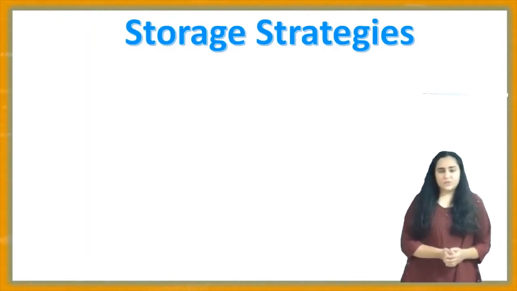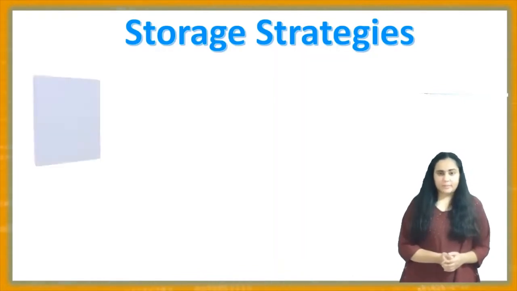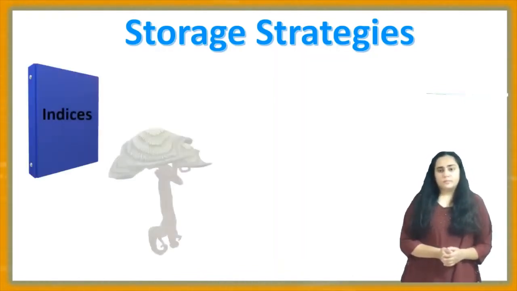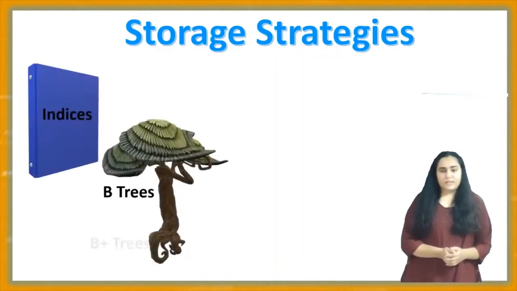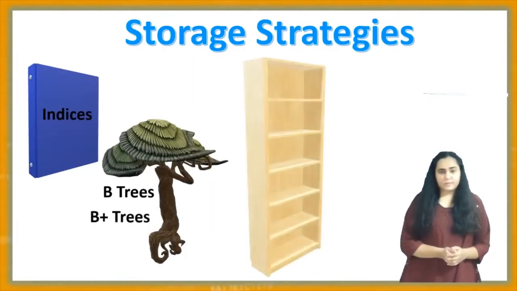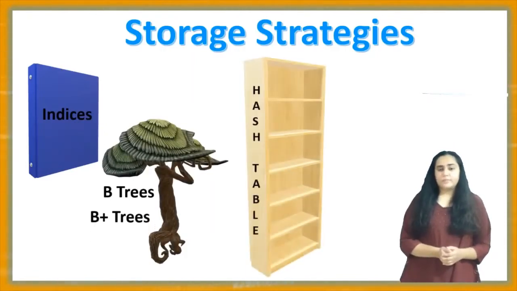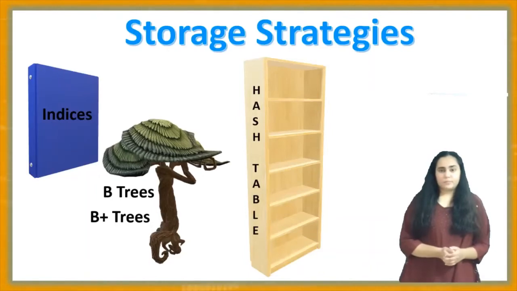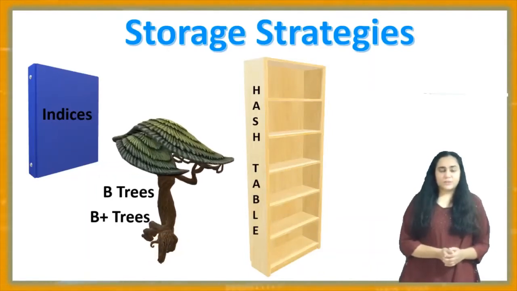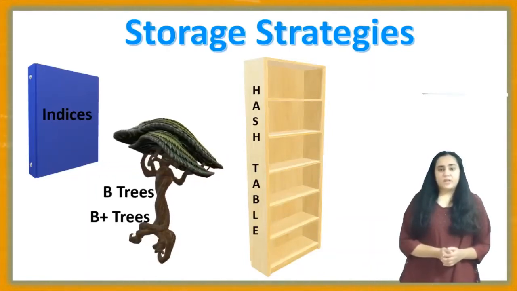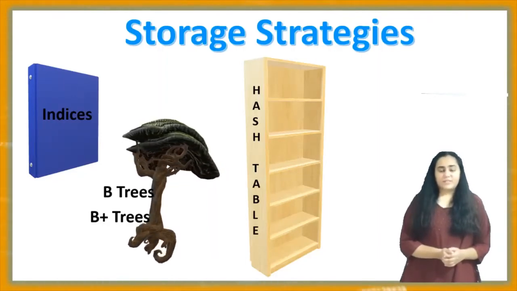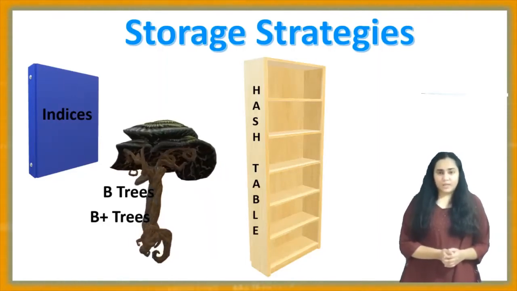We use data structures like indices, B trees and B plus trees, and hash tables. These data structures make DBMS a lot faster and makes data retrieval very quick.